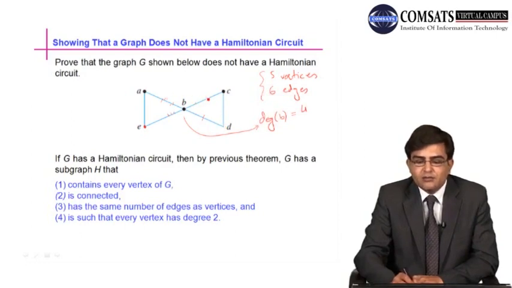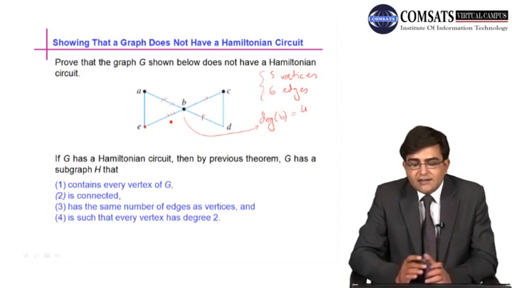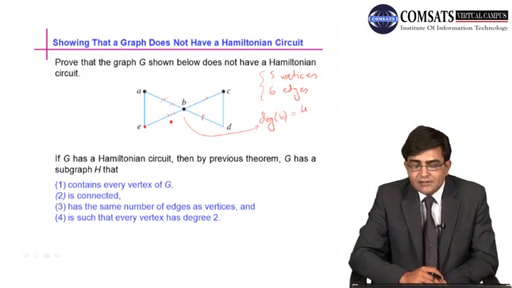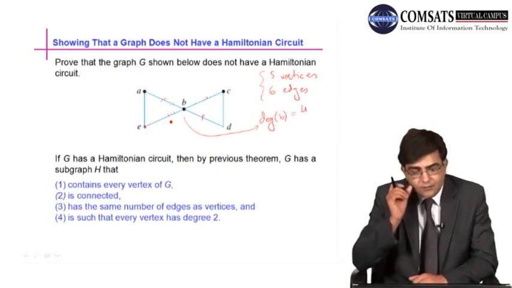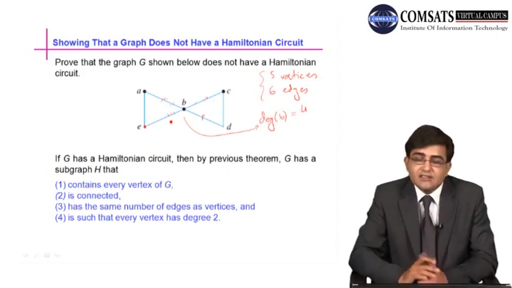So we cannot remove either of these 4 edges from this graph, otherwise this graph will be disconnected if we remove these two or these two. So we can say that there doesn't exist any subgraph of this graph in which every vertex has degree 2. So we can also say that this graph doesn't have any Hamiltonian circuit.